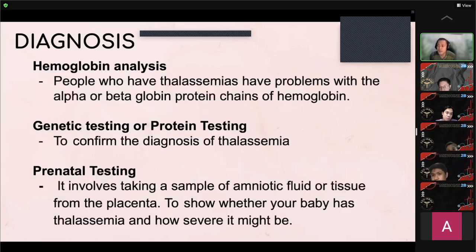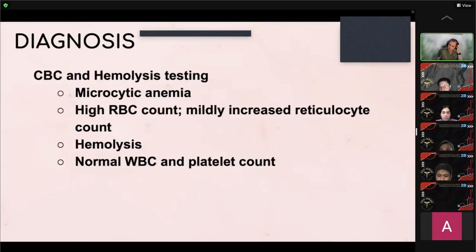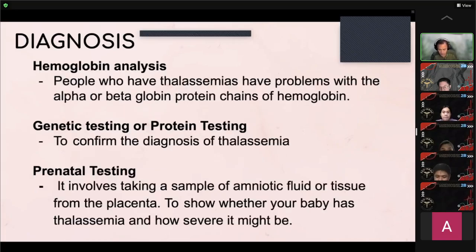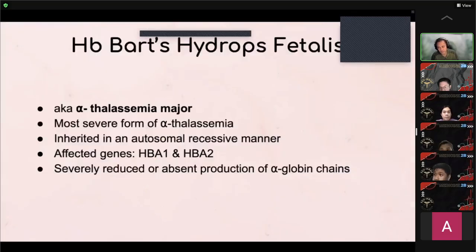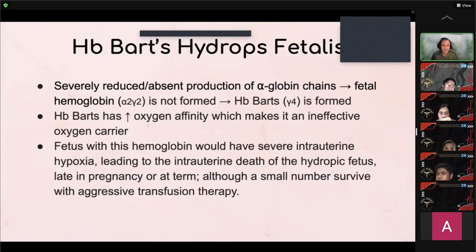Oy, walang makakasagot. Bakit mataas ang kanyang neutrophils at low ang lymphocytes? Sige, next slide pa. Kasi nasa akin yung written report niyo. Sige, pathogenesis, naitanong na natin yan. Okay, this is our last.